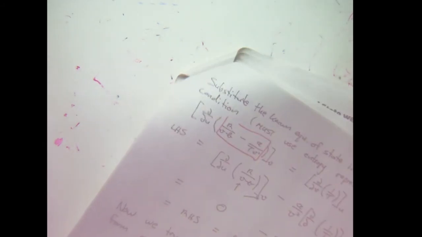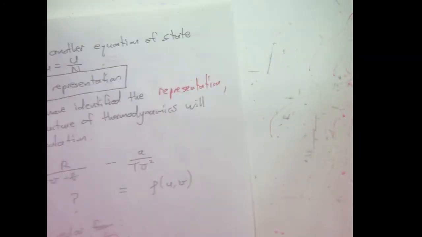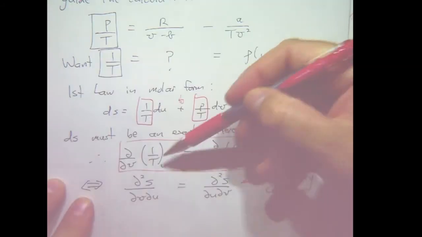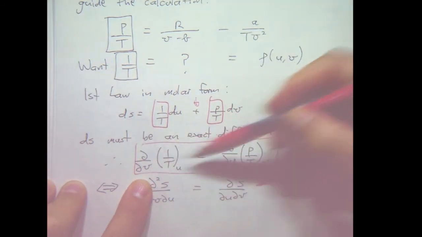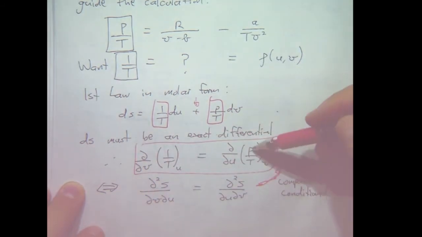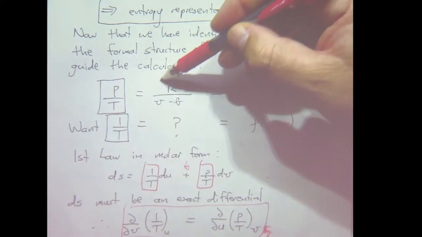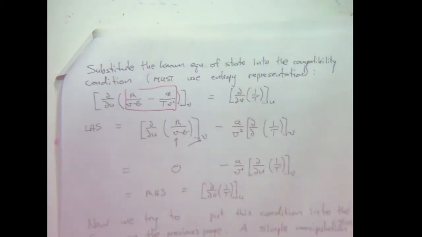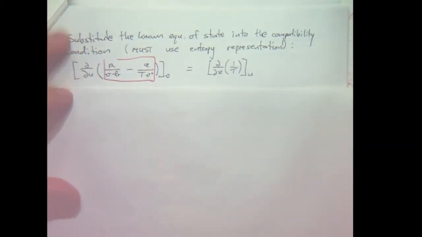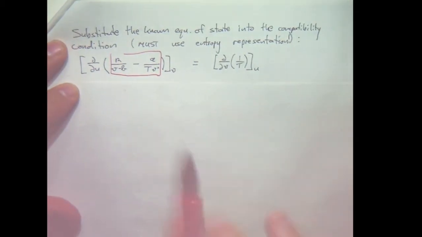All right. So the compatibility condition for the van der Waals equation is that the derivatives of the entropic intensive parameters must be equal. So d by dv of that equals d by du of that. And we know that p on t is that, so we put it in. There, that equals that.